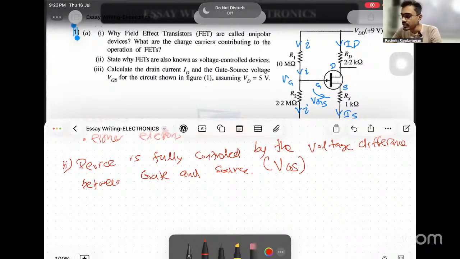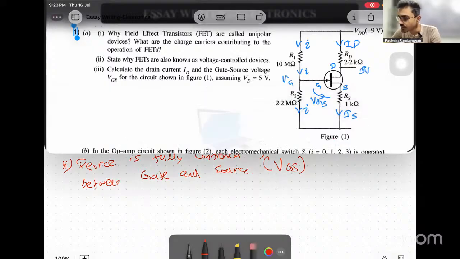To find ID, VD is given, VD is 5. About RD, the potentials at the two terminals of the resistor RD connected to D are known, which means you can apply delta V equals IR for resistor RD.